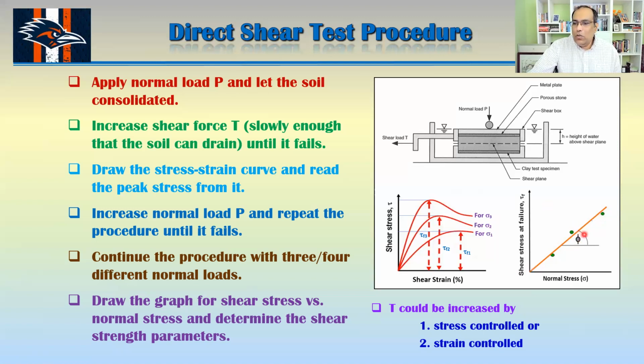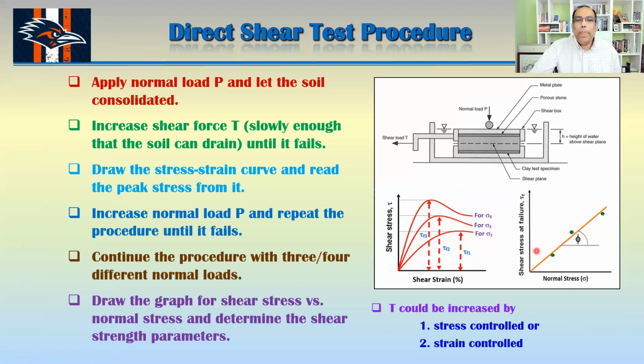If you measure that angle here, that's basically your phi. So for that particular soil, since this is passing through the origin, you can say the shear strength parameter C is equal to 0 and your phi is equal to whatever you measured from here.